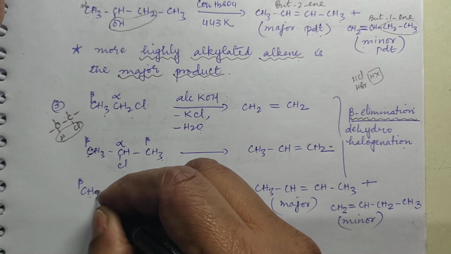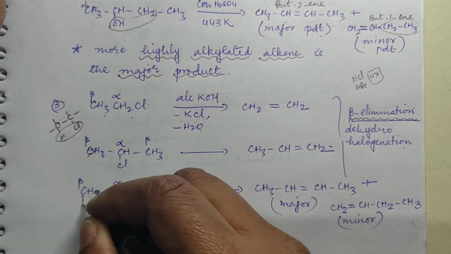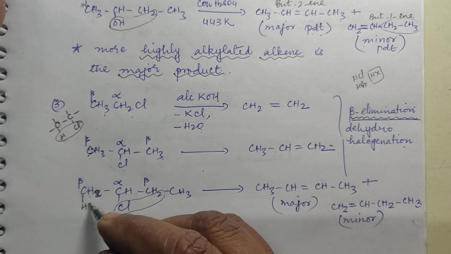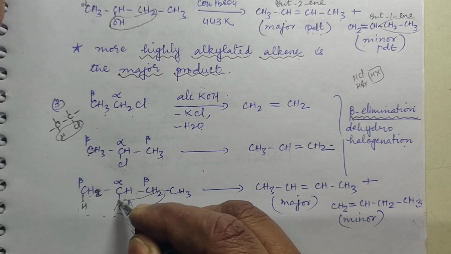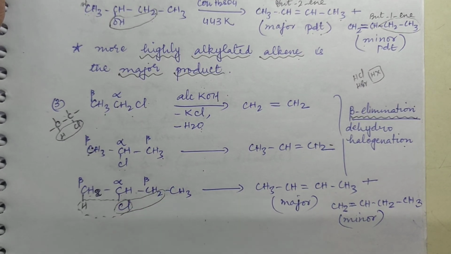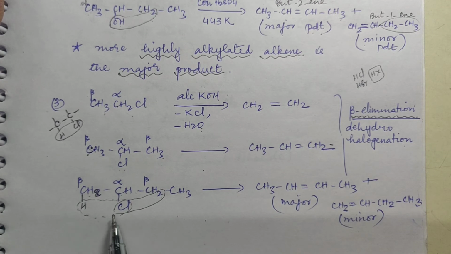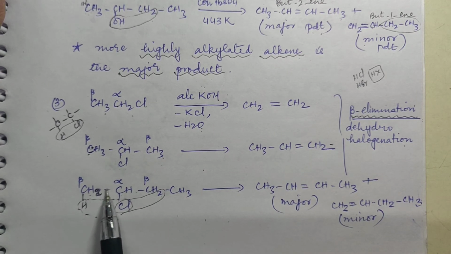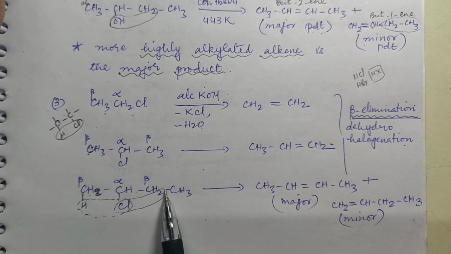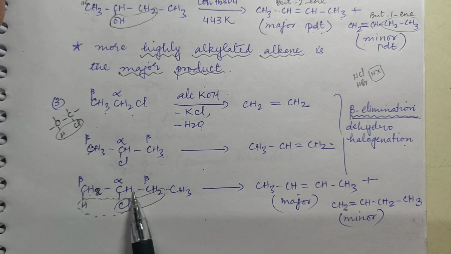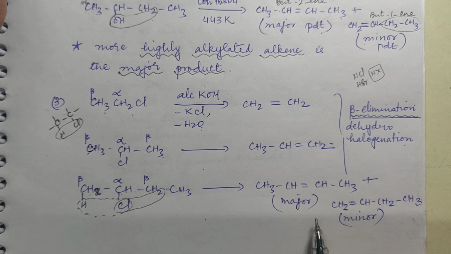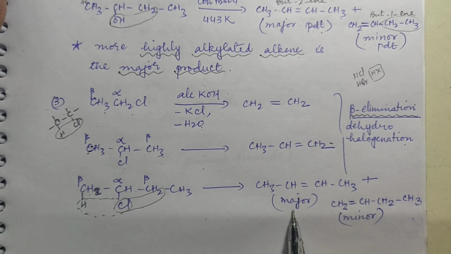Supposing I put it this way, I'll put it as H2 and one hydrogen I'm showing. So it's possible that this is lost. If this is lost, then a double bond will be created between these two. If this is lost, then a double bond is created between these two. So both the possibilities are there. Again here also you get but-2-ene and but-1-ene.